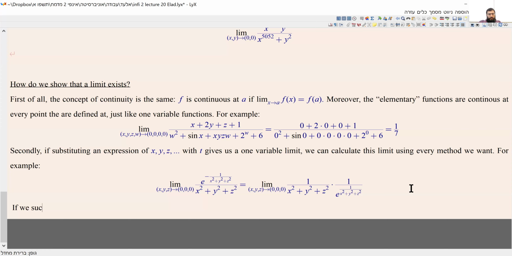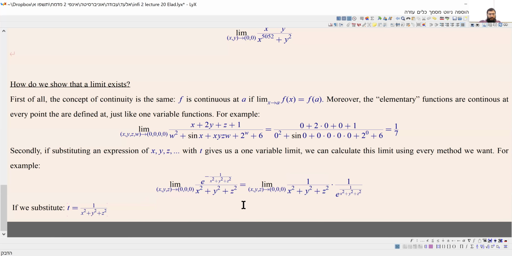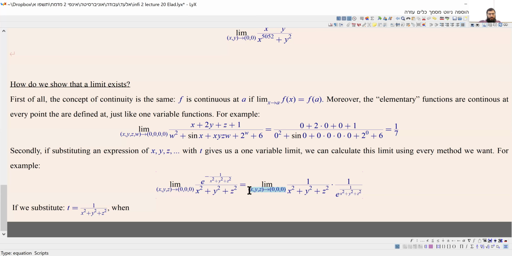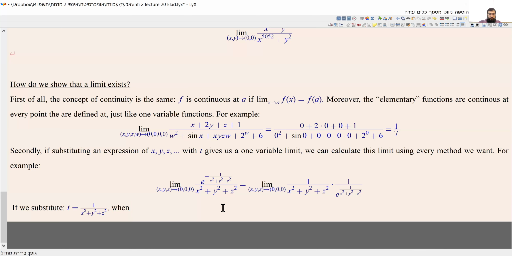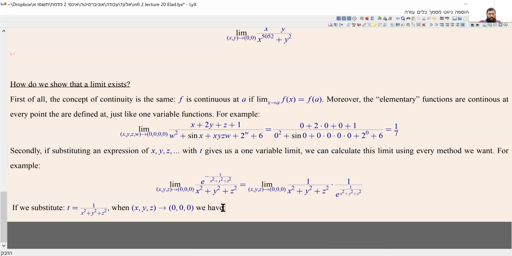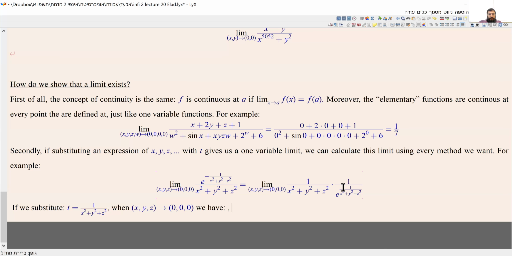If we substitute t to be 1 above x squared plus y squared plus z squared, when x, y, z goes to 0, 0, 0 we have t goes to infinity, right? Because the denominator goes to 0.